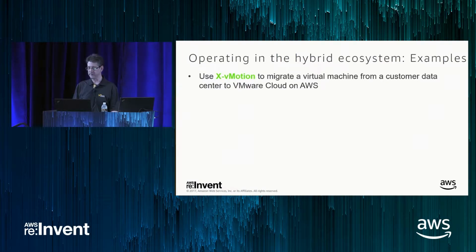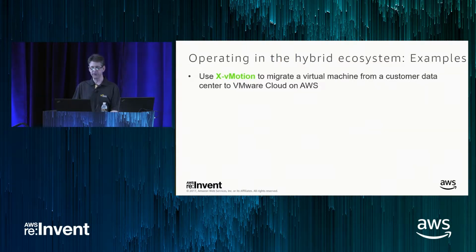The first example is you're running an application on premises that you would like to move up to the cloud. Maybe you're in the process of contracting your data center, and you'd like to slow down your purchase of hardware in your data center and start moving to cloud. And you have applications that are currently on-prem and you'd like to move them to a cloud environment.